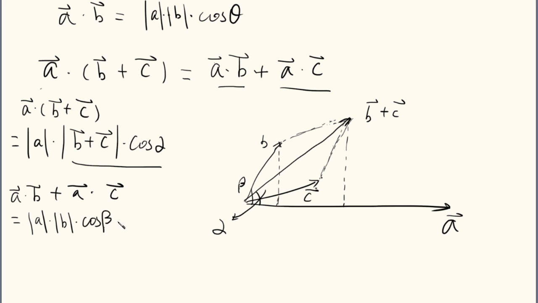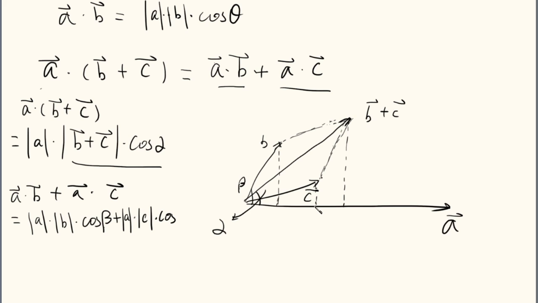Plus A times C times cosine, the component of vector C along vector A, is this. This is vector C along vector A from here to here.